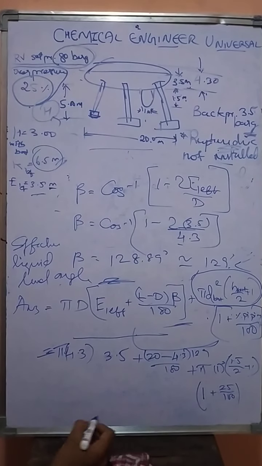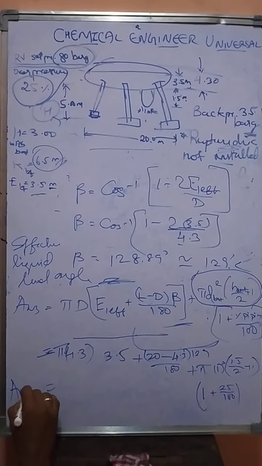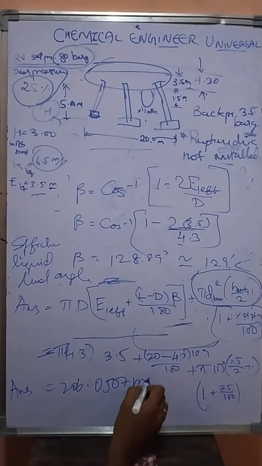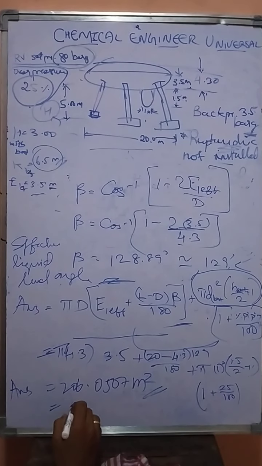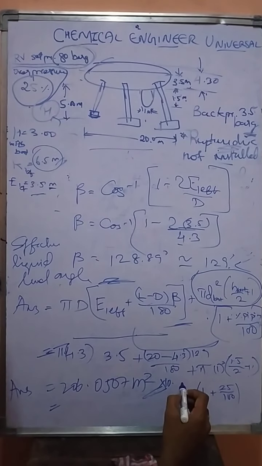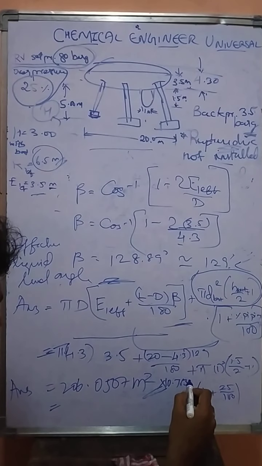So now you will get AWS, the area of the wetted surface, around 206.0507 meter square. You know the value in meter square, but as per the formula we need it in feet. So when you convert this into feet, it should be multiplied with a constant, 10.7639, so the value will be in feet square.